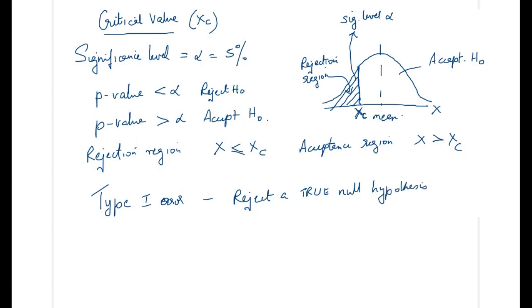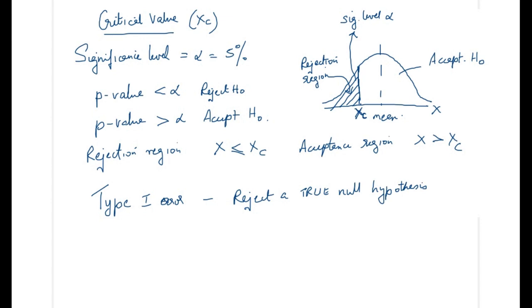It means your original hypothesis, the null hypothesis, is true, but you mistakenly reject it and keep your alternative hypothesis and believe that to be true.